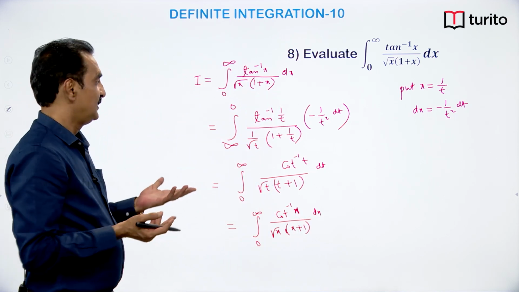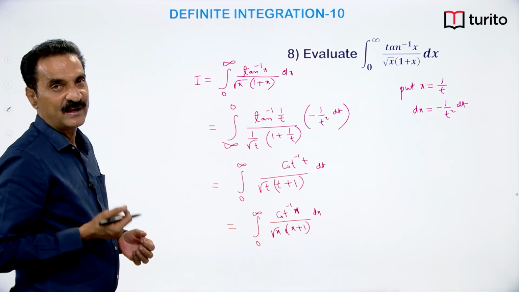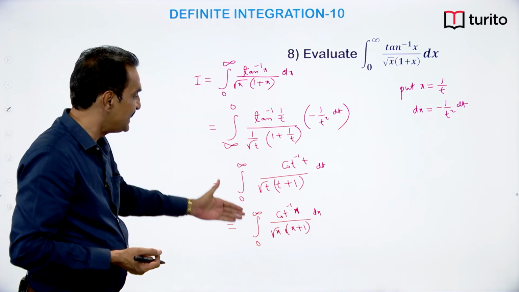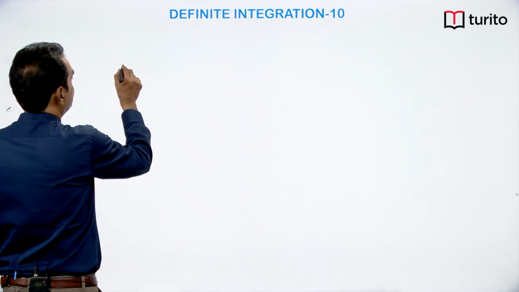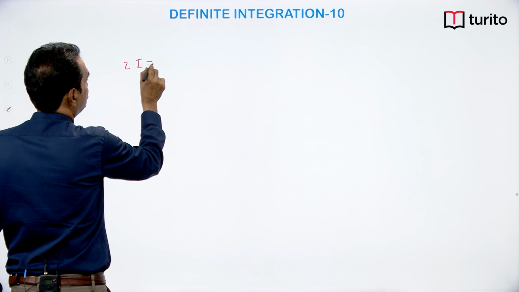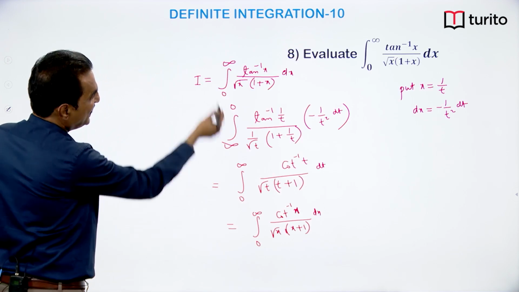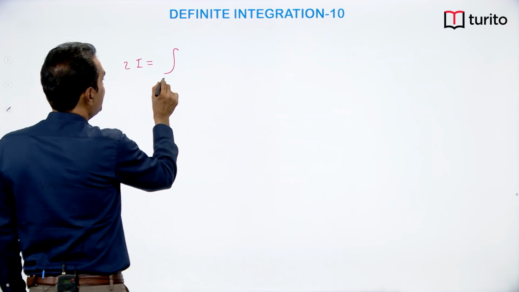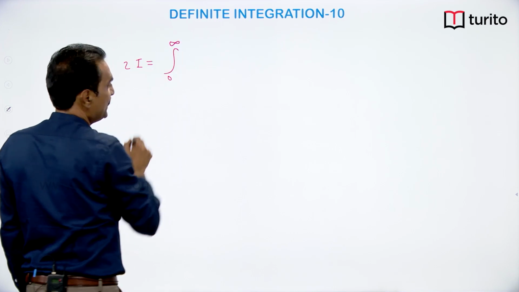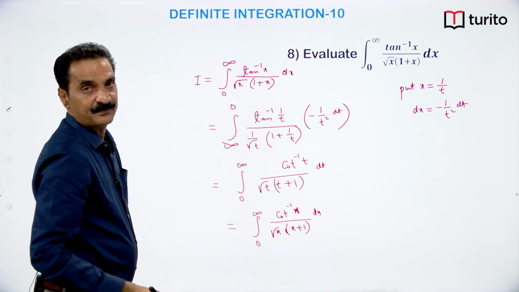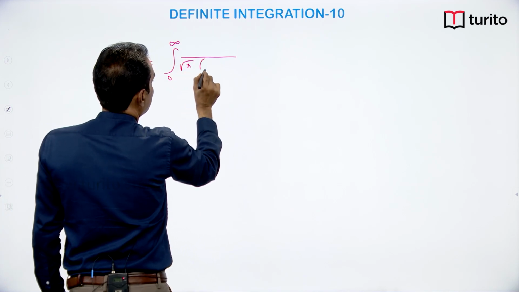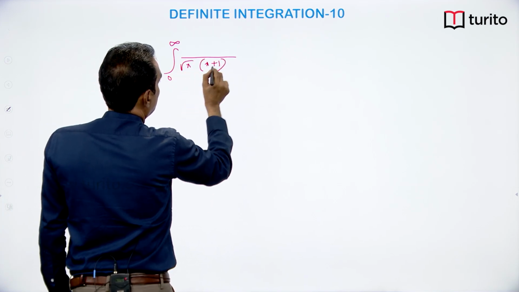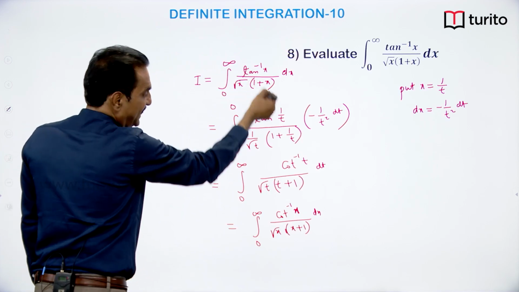Now, you will easily get the idea what to do next. Adding this I and this I, 2I will be equal to, limits are same, so write integral 0 to infinity, denominator is same, write the common denominator root x into x plus 1, and what is the sum of the numerators?